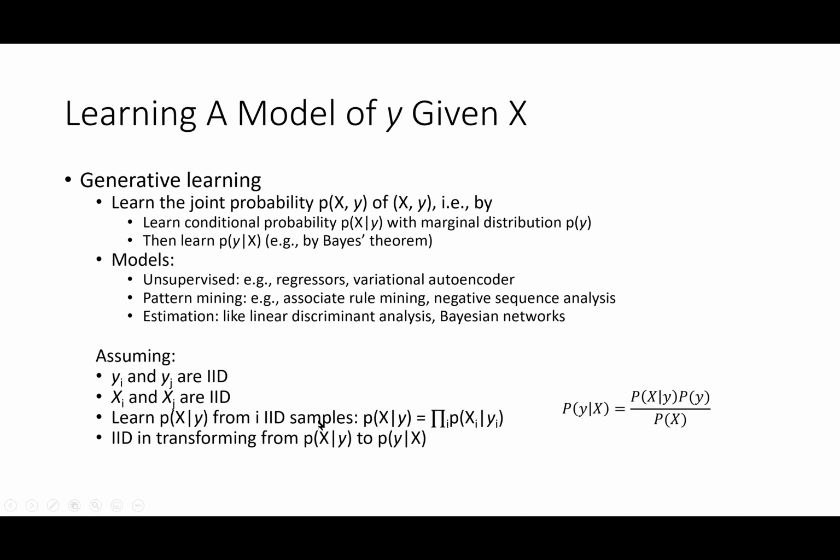Sampling means we draw each sample from the distribution in an IID fashion, right? And because we assume the xi and yi can be IID drawn from a particular distribution, we can then calculate or estimate or approximate the probability of x given y based on the sample.